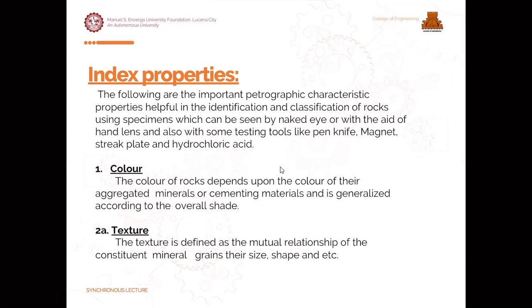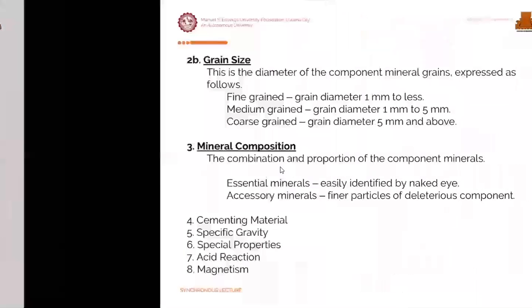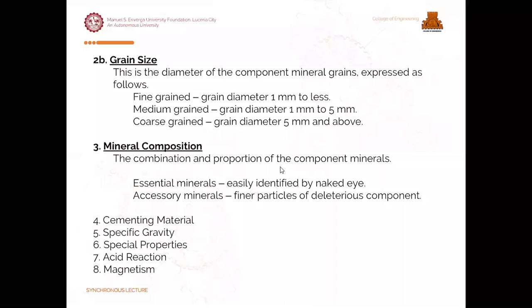Then texture, defined as the mutual relationship of the constituent mineral grains, size, shape, and so on. Then we have the grain size. So grain size depends on the diameter of the grain. So it is classified into fine, medium, and coarse grain depending on the range of the grain diameter.